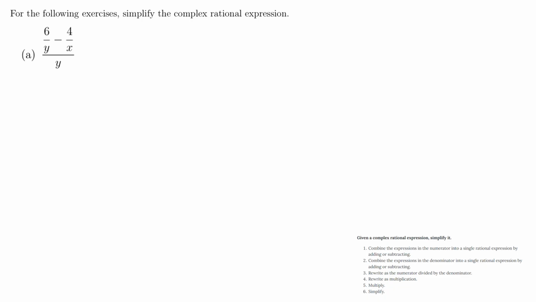This is similar to a previous example where in the numerator, I've got 6/y minus 4/x. The LCD there is going to be yx. So the first fraction is missing that x over x, right? The second fraction is missing the y over y.